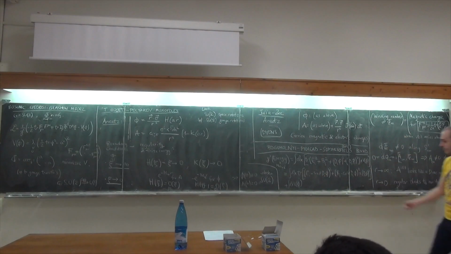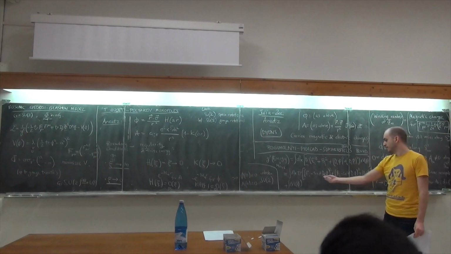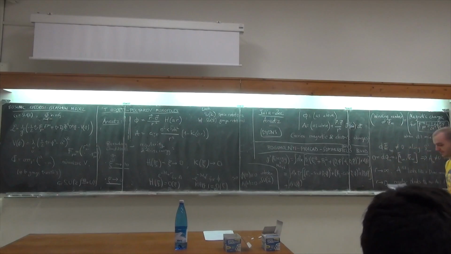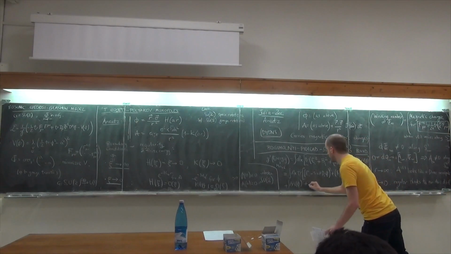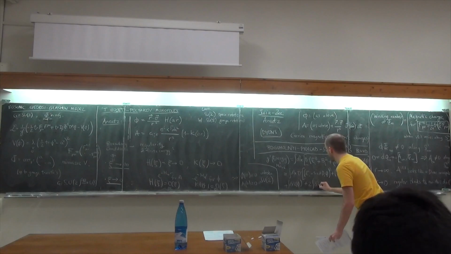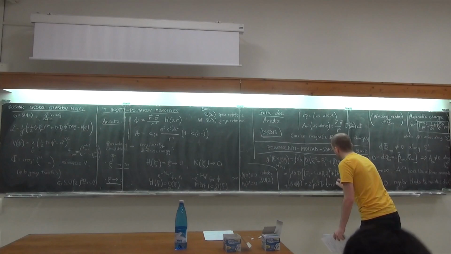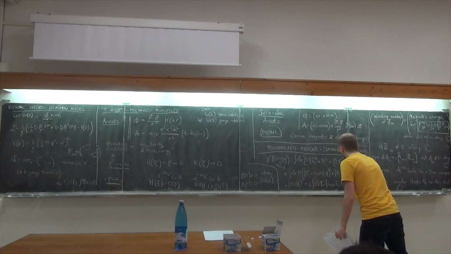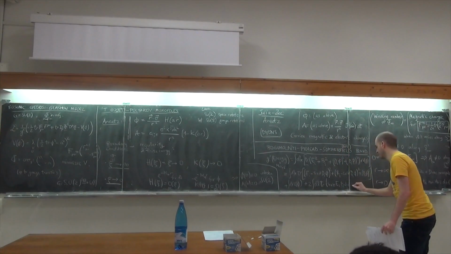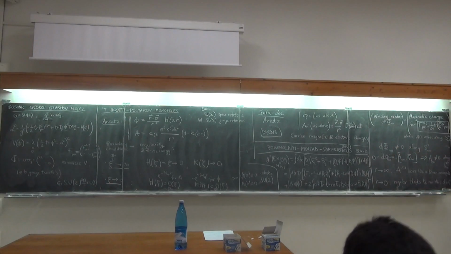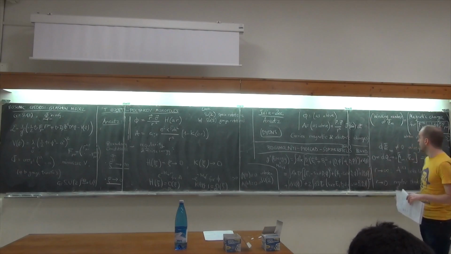Now since I introduced these mixed squares, I get some mixed terms which I didn't have here, so I have to cancel them out. This gives me 2 integral d3x trace of sine theta E_i D_i phi plus cosine theta B_i D_i phi, just to complete the square.